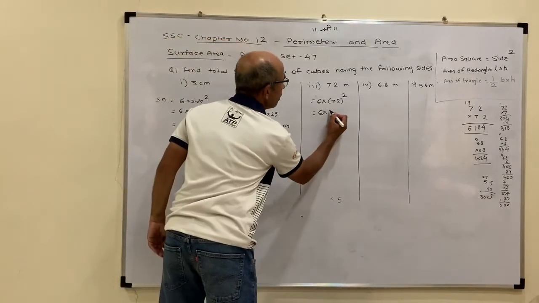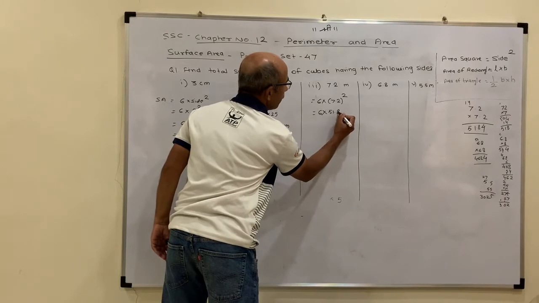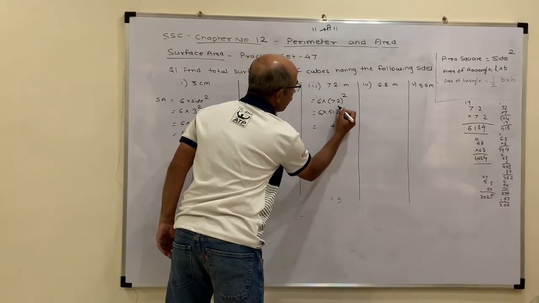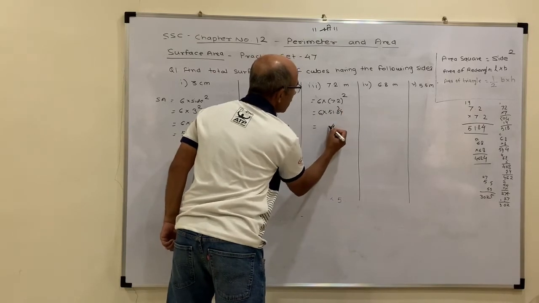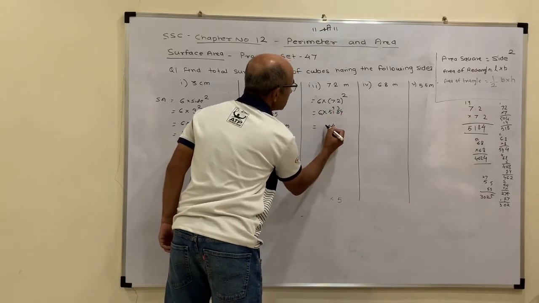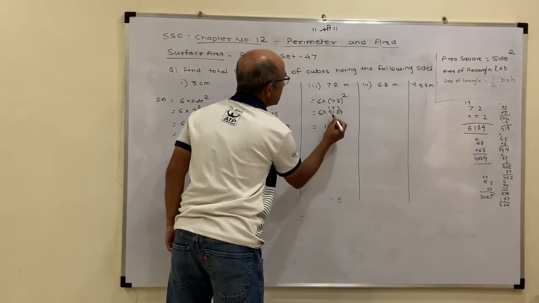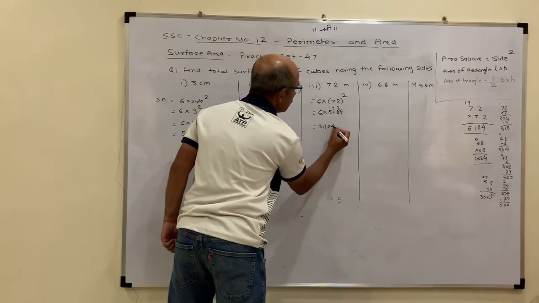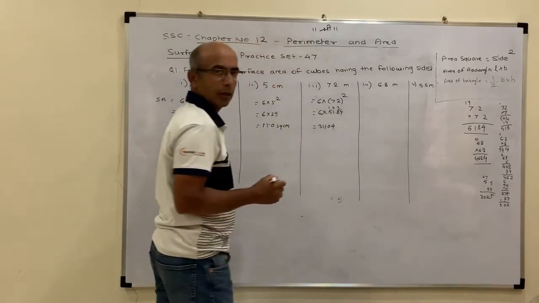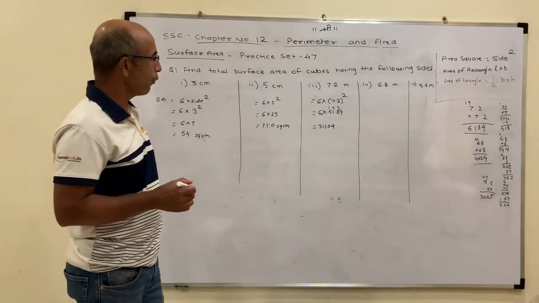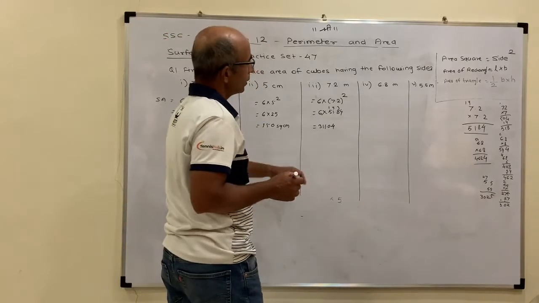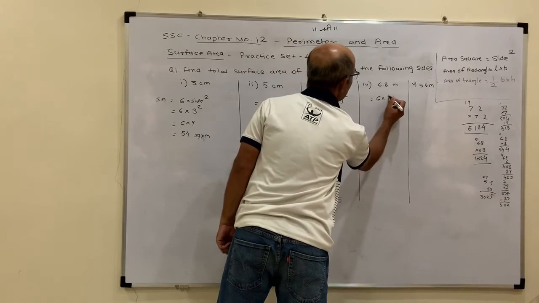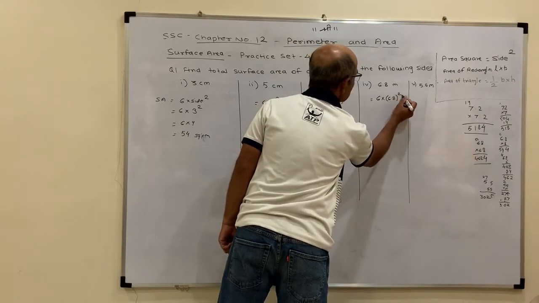So it comes out to be 51.84 into 6. 6 4s are 24, 6 8s are 48 plus 2 is 50, 6 1s are 6 plus 5 is 11, 6 5s are 30 plus 1 is 31. So it comes out to be 311.04.